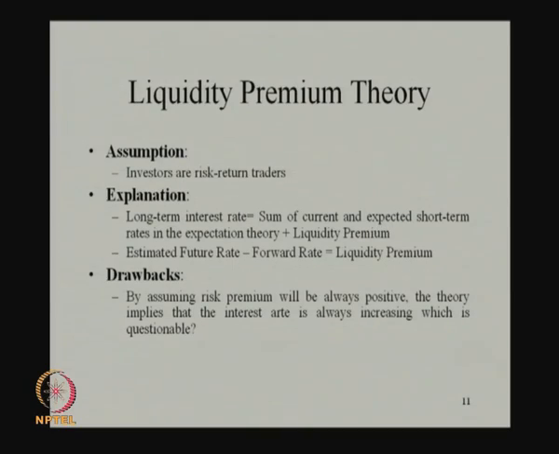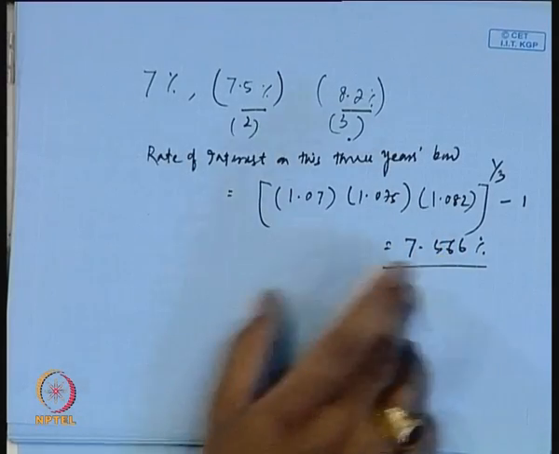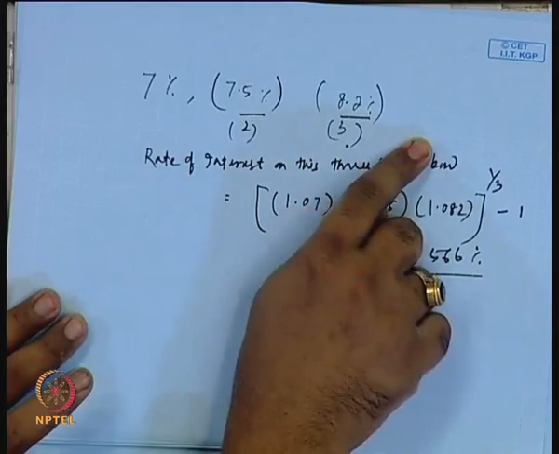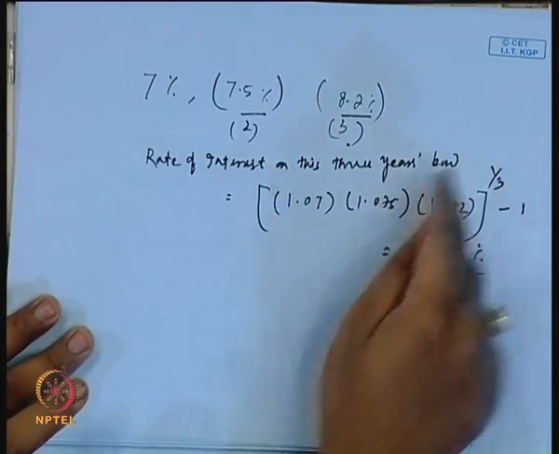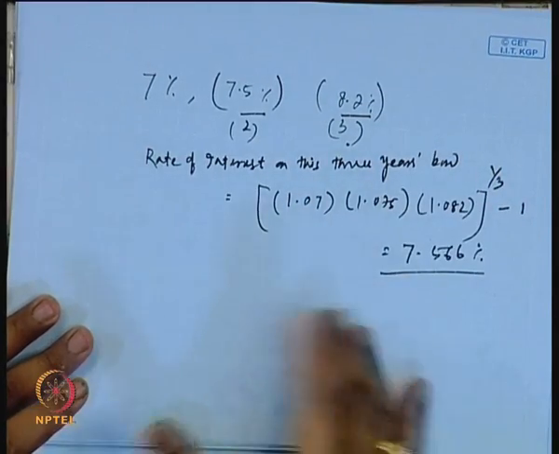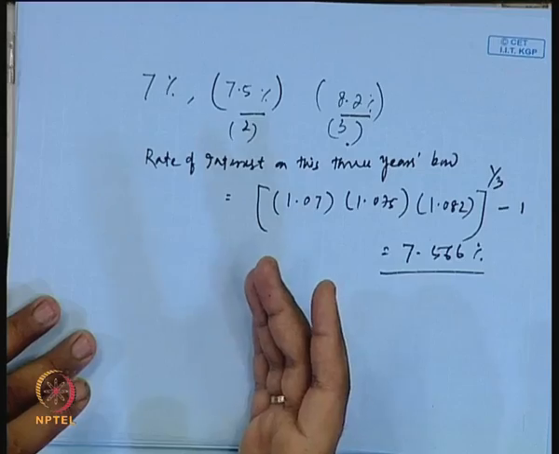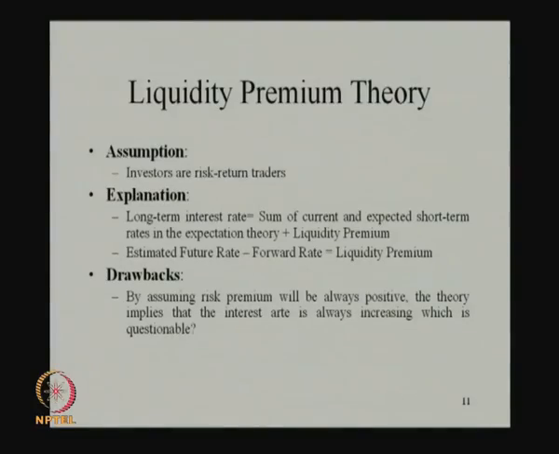That means, if somebody is going to wait for the long term to get this return, he is going to take more risk. And if he is going to take more risk, then Keynes said that definitely the return also should be more. That means investment in the long term is always riskier than investment in the short run according to the Keynesian framework.